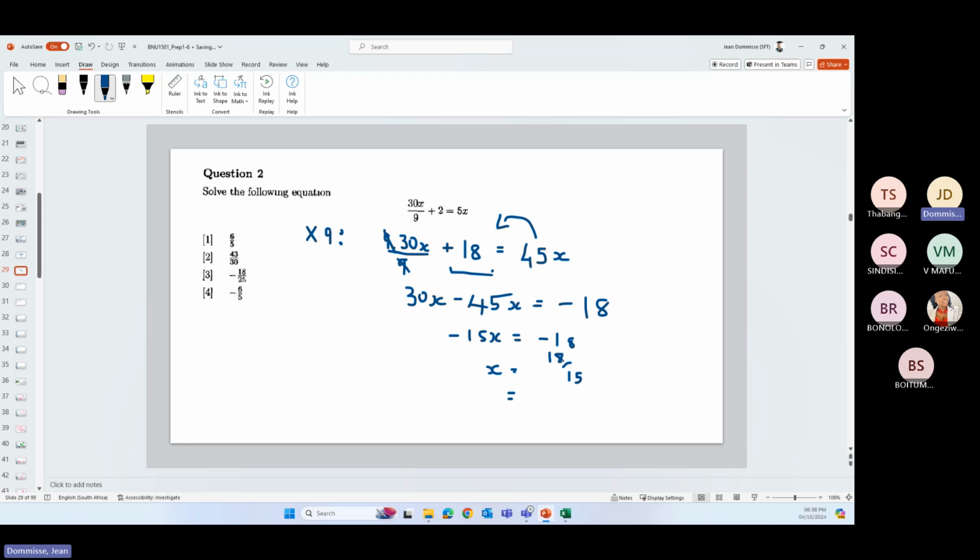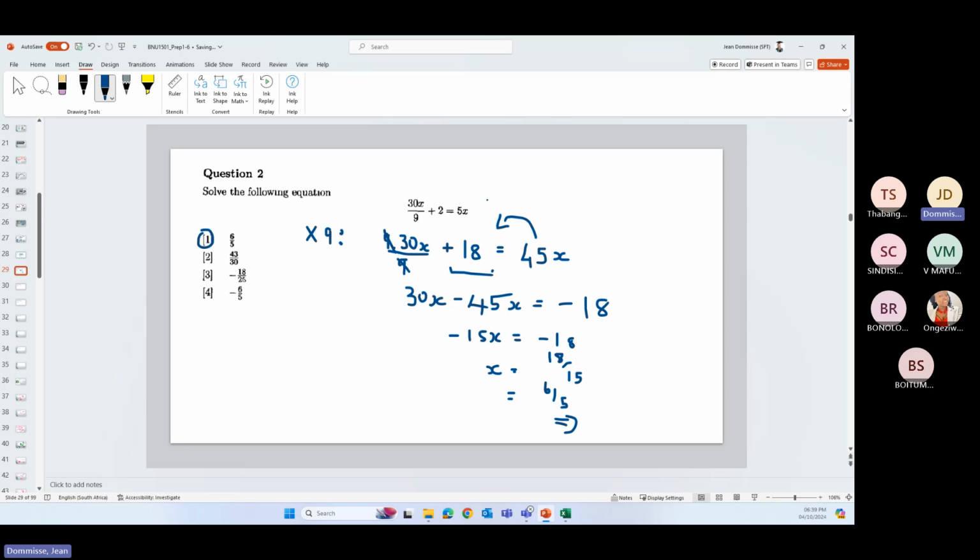So 3 goes into 18 6 times, 3 goes into 15 5 times. So my answer would have been 6 over 5. Okay, so that is one way of doing it, which for me is sometimes the easiest.